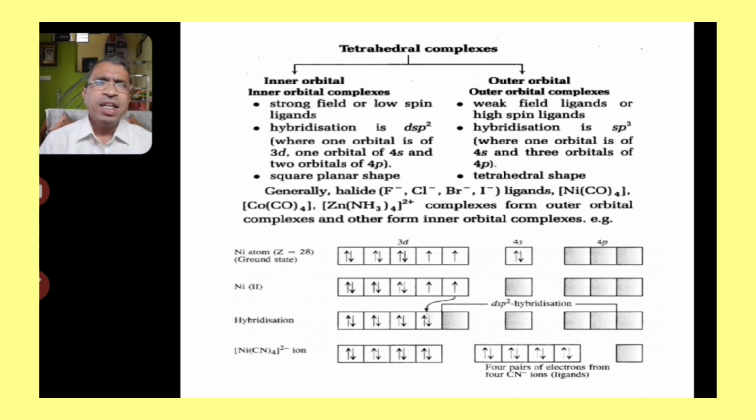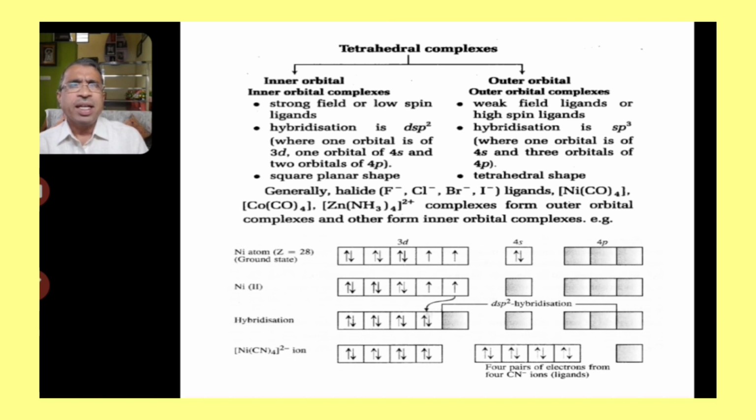In this slide, it shows the tetrahedral complexes. So the tetrahedral complexes also have inner orbital and outer orbital complexes. Inner orbital complexes are those where the 3d orbital is involved in the hybridization.